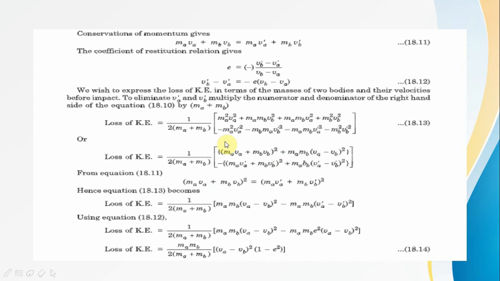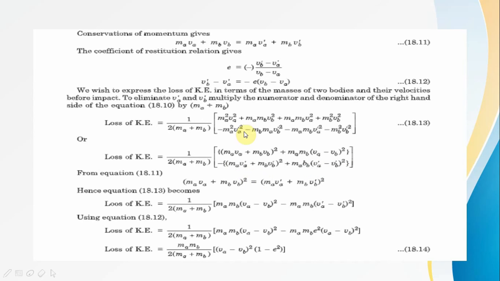If we solve again, we get 1 by 2 (Ma plus Mb), and we get the formula (Ma Va plus Mb Vb) whole square plus Ma Mb (Va minus Vb) square minus (Ma Va dash plus Mb Vb dash) square plus Ma Mb (Va dash minus Vb dash) square.